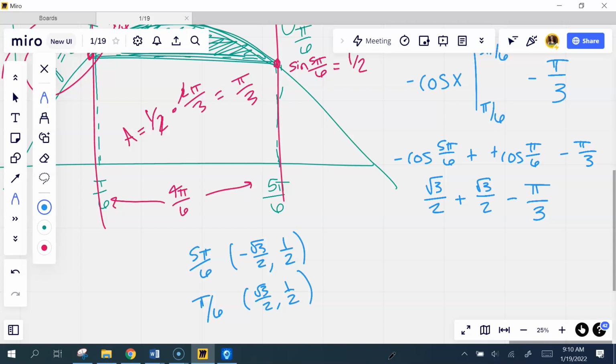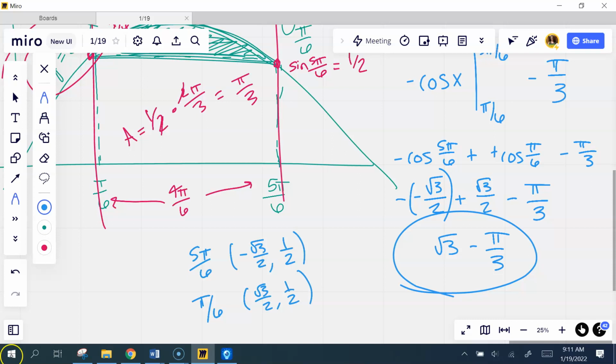Since it's negative cosine, it would be negative. So if I have a half a square root of 3, half of a square root of 3, and a half of a square root of 3, that gives me a whole square root of 3 minus pi over 3. Yes, absolutely. Let's take a brain break before we do trapezoidal.